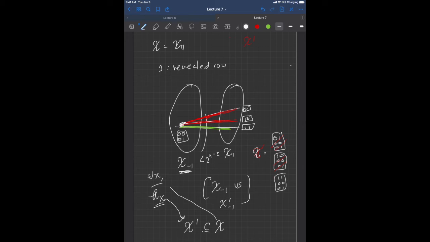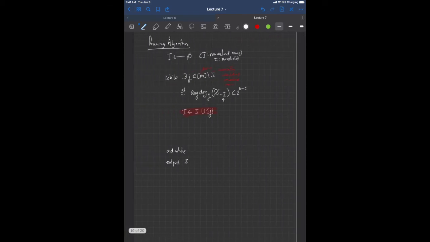The formal way to define this set X dash would be that we choose this extension function. We have removed the revealed rows, right? There's this extension function E_I.